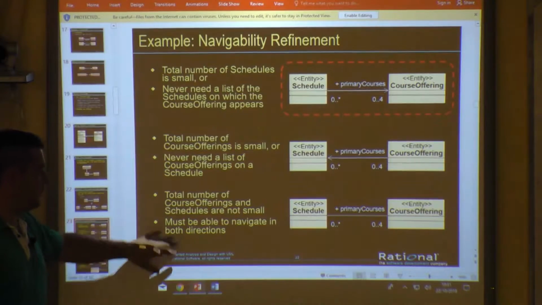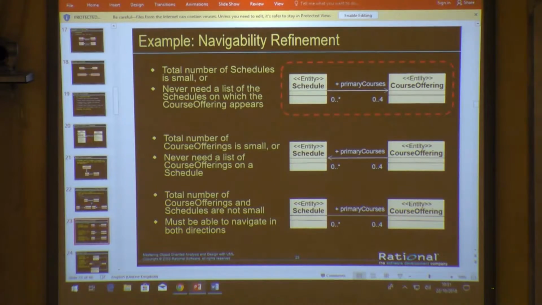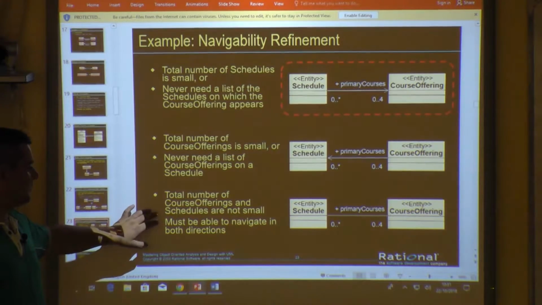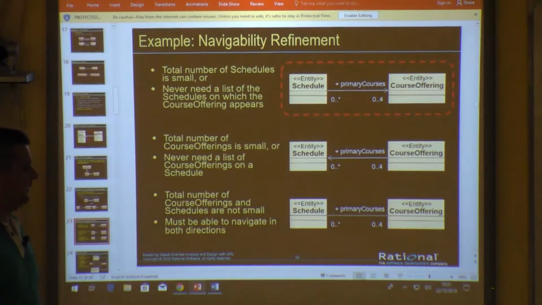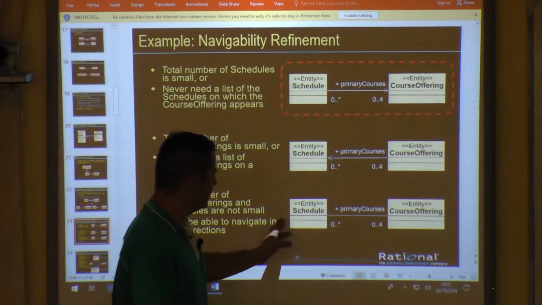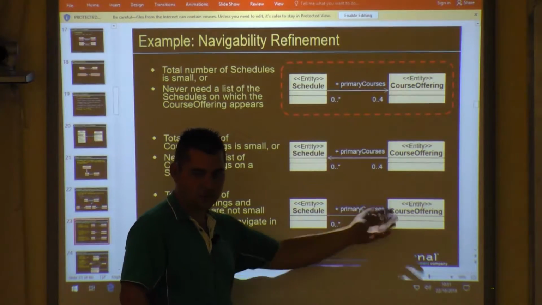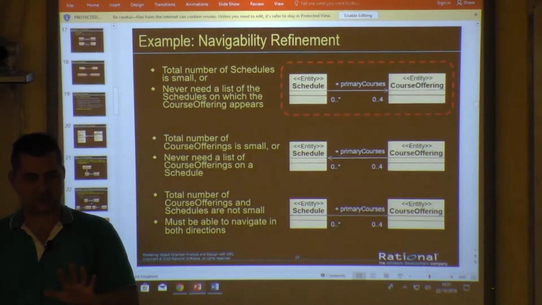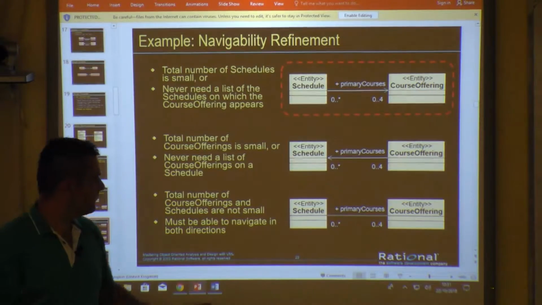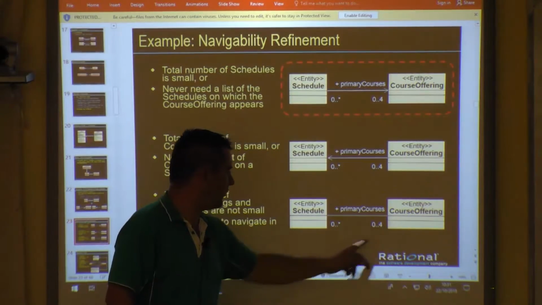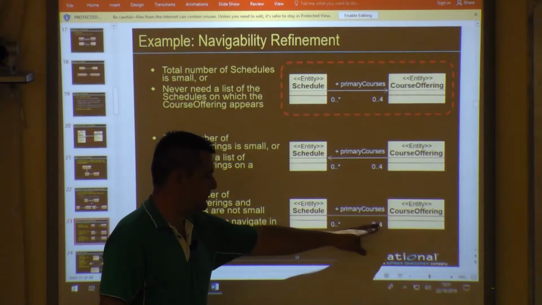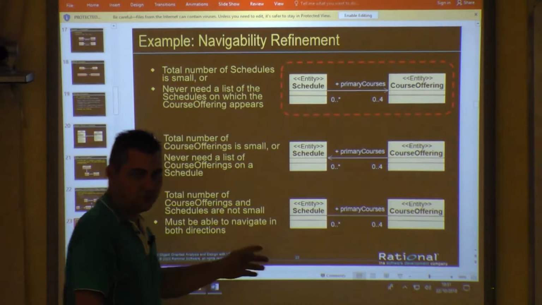So it would probably be modeled something like this in this case, where the total number of course offerings and schedules are not small, but in that case we don't know. In this case, it's just telling us that the schedule can have 0 to 4, meaning that a student can only take 5 subjects. And then from the course offering, that specific subject can have many students.